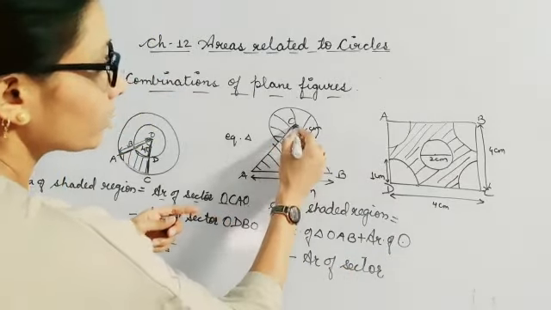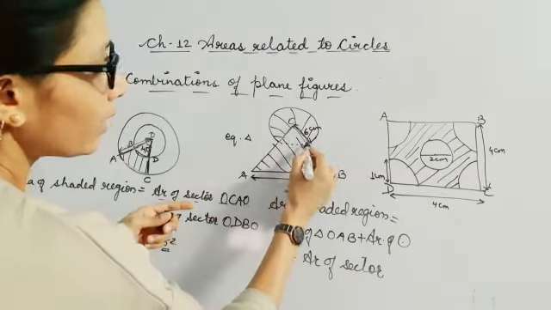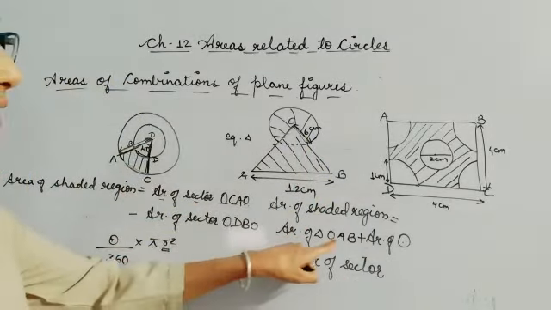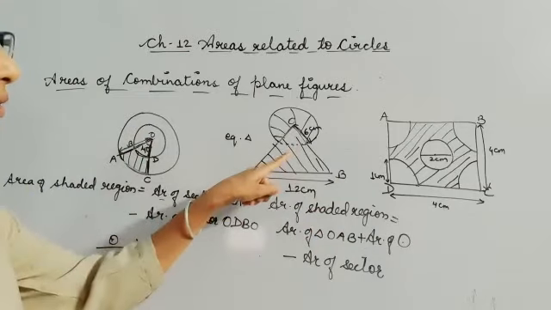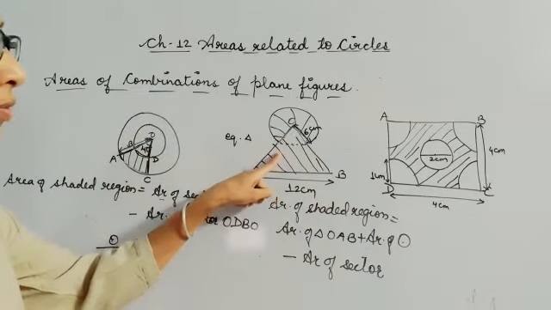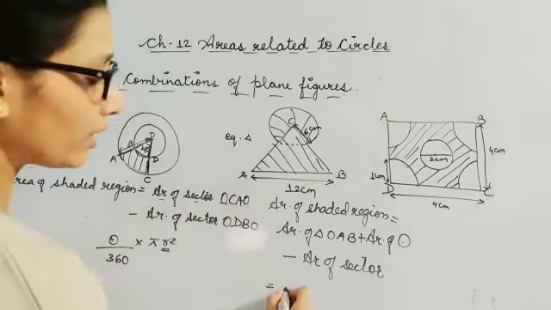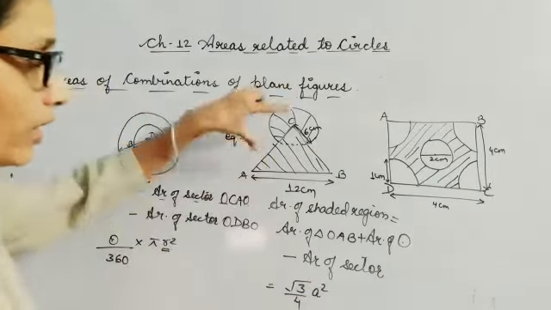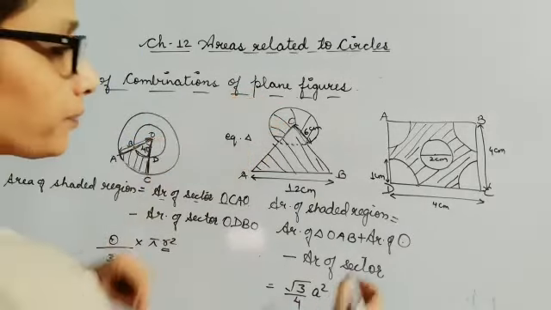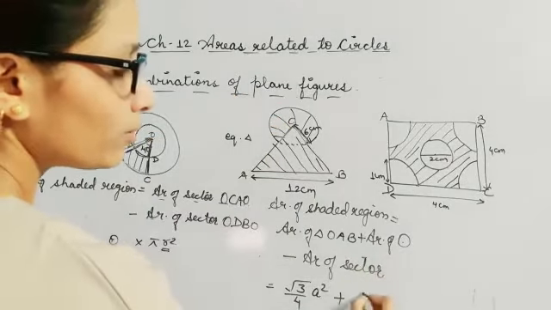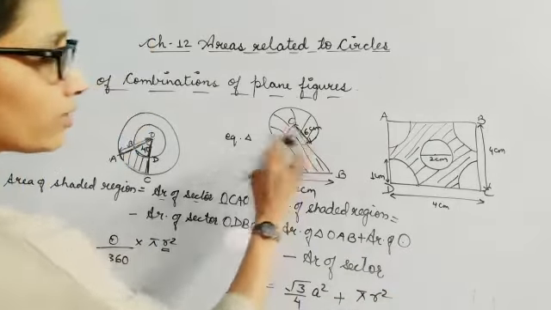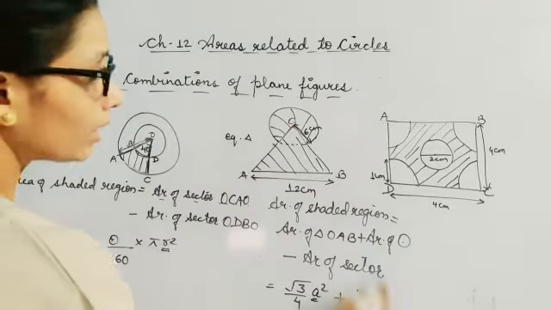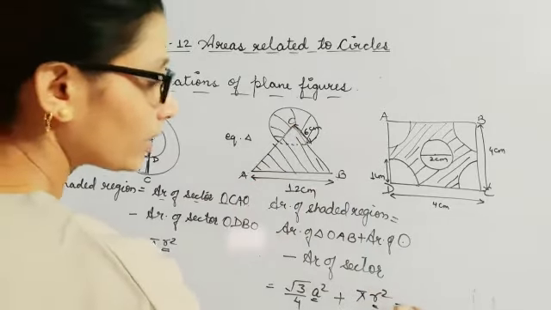Because it is made up of two radii and an arc. That's why I have written area of sector. So area of triangle OAB, since this triangle is given to you as an equilateral triangle, you will be writing the area of triangle as root 3 by 4 a square, where a is the length of your side, plus area of circle will be pi r square, where r is given to you and this AB is given. So a is your 12, r is your 6, minus area of sector.